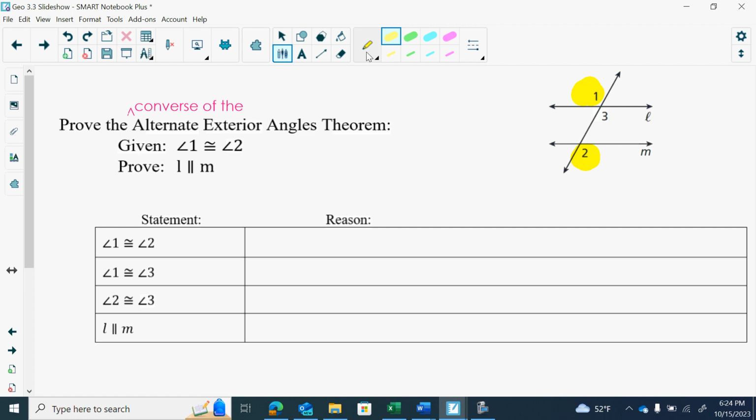We are given that angle 1 and angle 2 are congruent. Let's see what we got here. Next statement says angle 1 is equal to angle 3. Angle 3 is right here, and it's the vertical angle to angle 1. So we can say vertical angles are congruent by the vertical angle theorem.